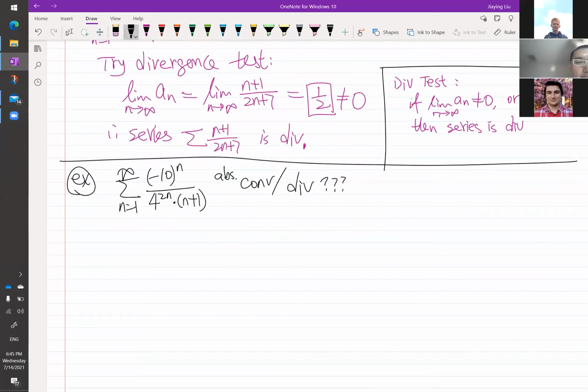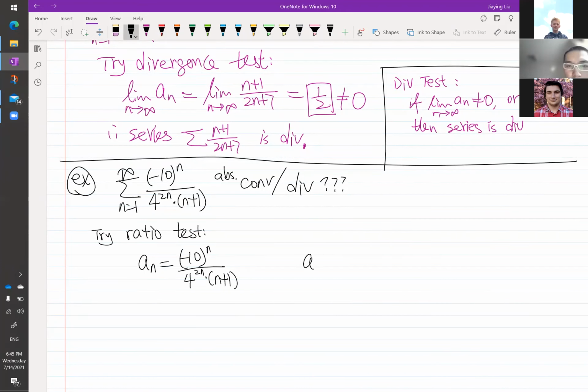So for this one, the first thing I'm going to do is identify. I'm going to try the ratio test. So I'm going to find a_n, which is negative 10 to the n divided by 4 to the 2n, where 2n is the exponent of 4, times n plus 1.